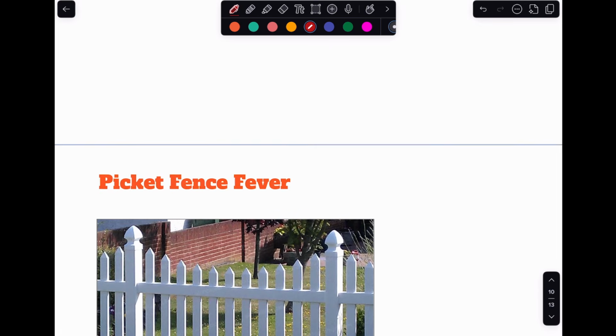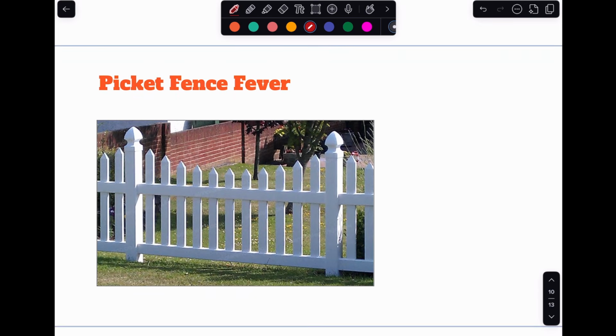That brings us to our last sign over here, which is picket fence fever. As you can see in the image over here, this is what a picket fence looks like. This fever pattern is a clinical sign that we are going to see in our patient. It depicts a typical pattern of the fever that we see in a case of lateral sinus thrombosis. How do you describe this pattern?